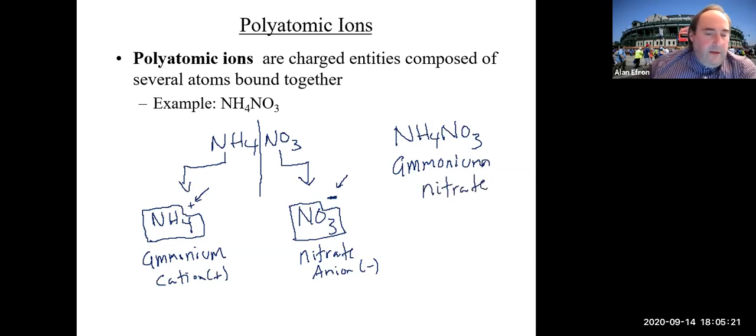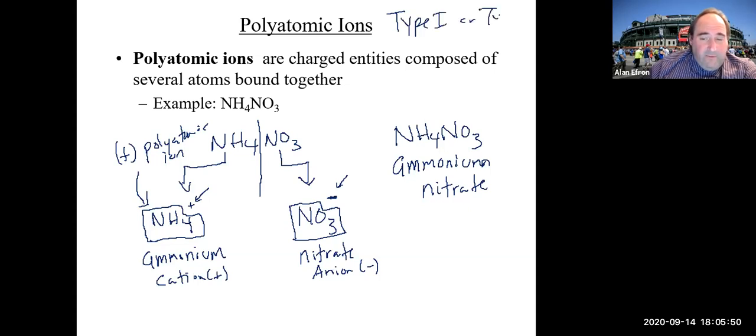So polyatomic ions are really groups of nonmetals, and for the most part, this is the only positive polyatomic ion that you'll come across. Pretty much all the other polyatomic ions are negative, which means when we name these or use them in words and formulas, they will basically be named like a type 1 or type 2 compound, which means they typically will be hooked up with a metal.